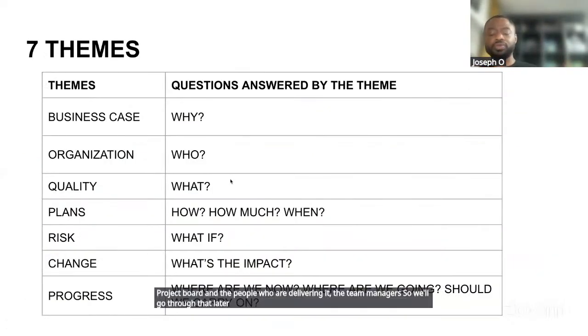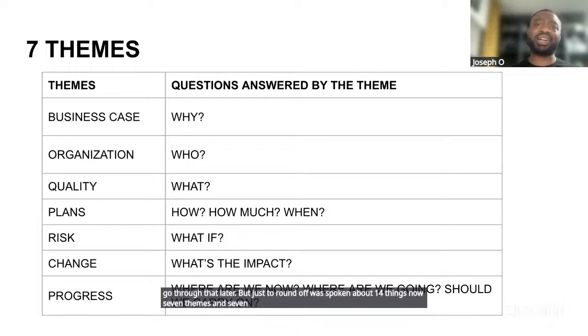But just to round off, we've spoken about 14 themes now, 7 themes and 7 principles. Principles are guidelines to guide you on the project.